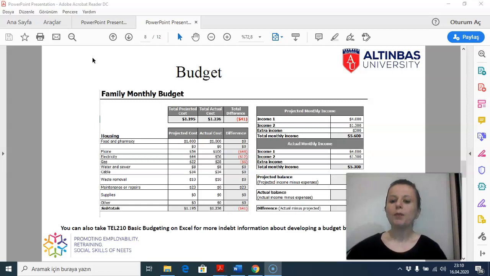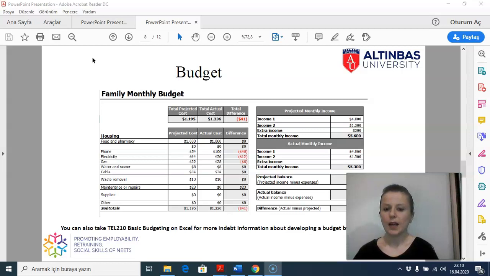If you make a plan at the beginning of the month and your plan does not meet the actual results, which is usually the case because we cannot predict the future 100% surely, then there is going to be a difference that we call variance. If there is an unfavorable variance, it is going to decrease our income. We put it in red so we can keep a record of it in the future.